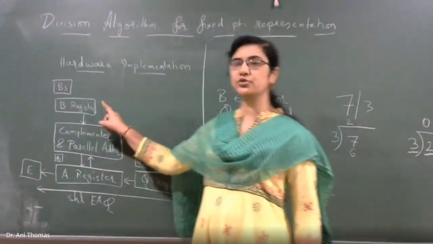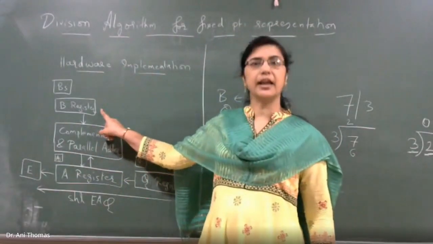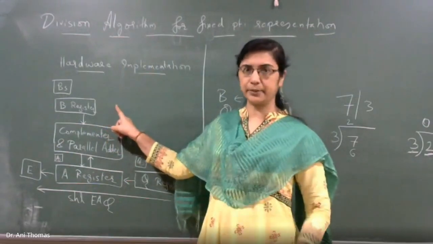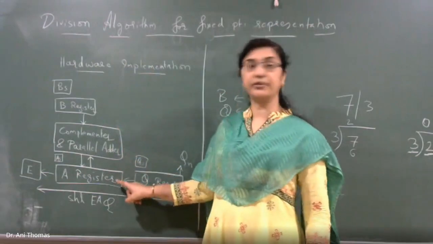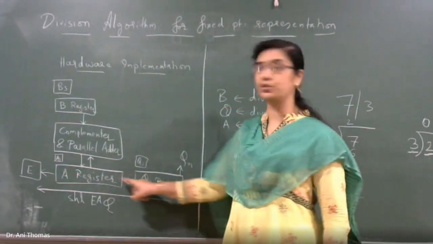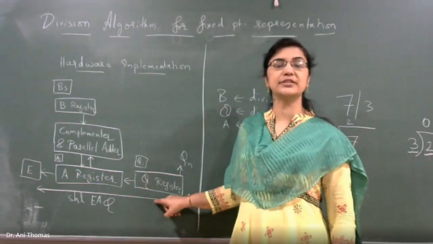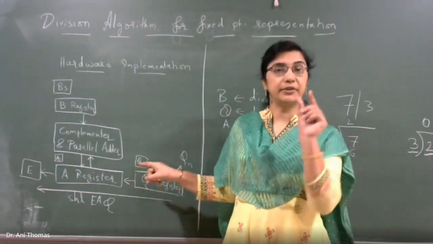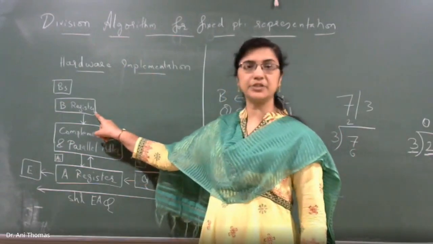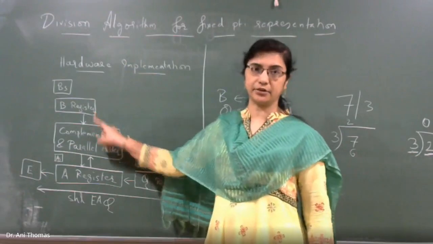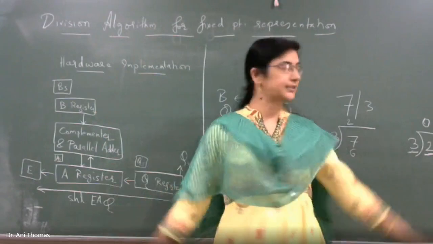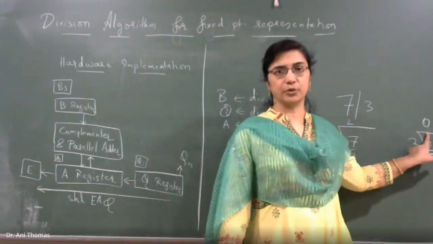That is why in the hardware implementation, we store the divisor in B and each time we subtract the divisor B from A. We subtract only when A and Q together, which constitute the dividend, hold a value greater than the divisor; otherwise we do not subtract and we insert a 0.